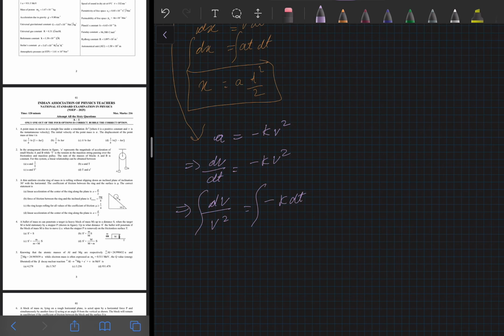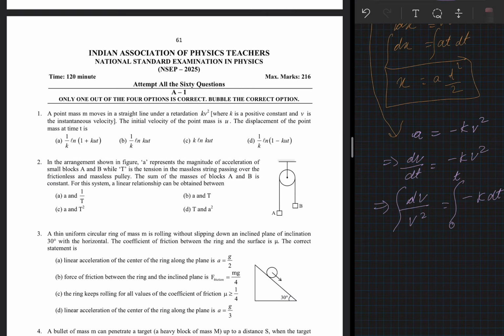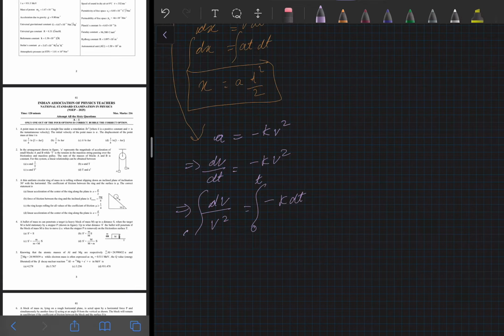This is a definite integral. For the right hand side, we're going to integrate from time t equal to 0 to time t equal to T. The initial velocity of the point mass, as given in the question, is small u, and v is the instantaneous velocity, that is the velocity at any given time T. So the initial velocity is small u, and at capital T the final velocity is v.